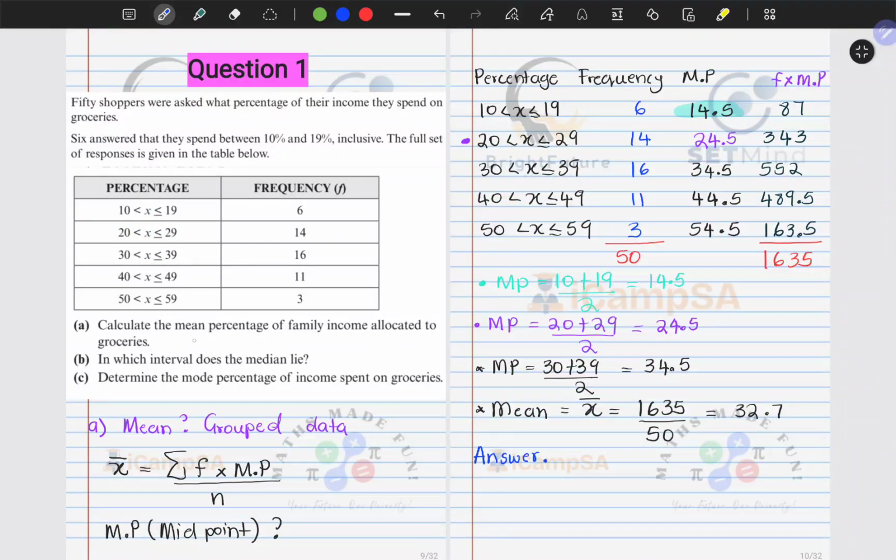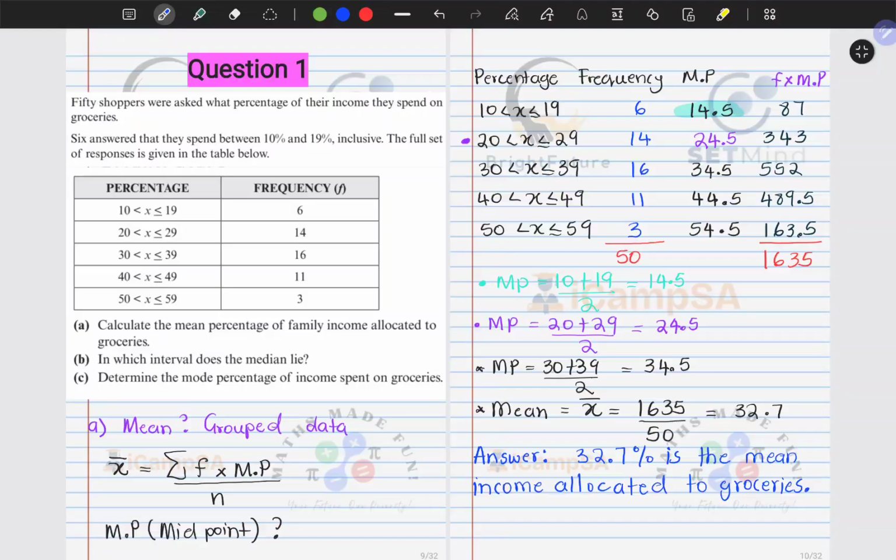The question was, calculate the mean percentage family income allocated to groceries. So our answer can be 32.7% is the mean income allocated to groceries. So that is how we figure out our mean.